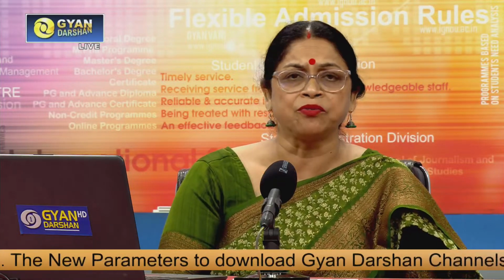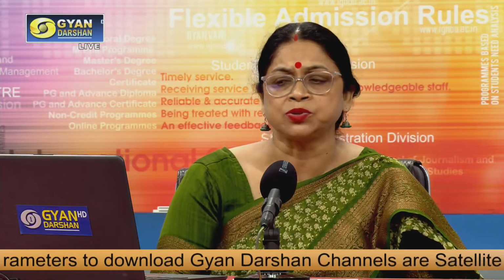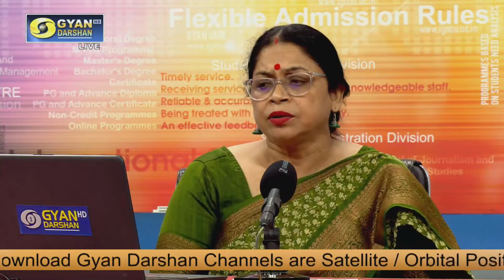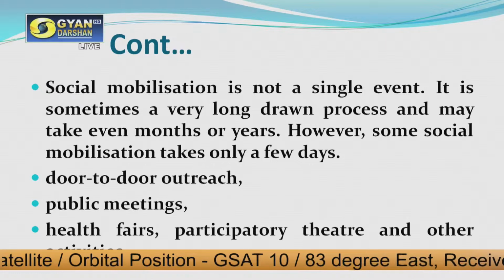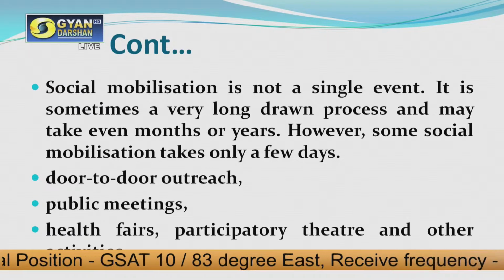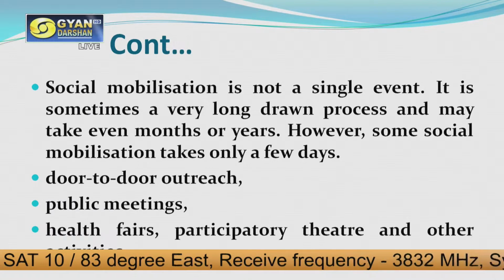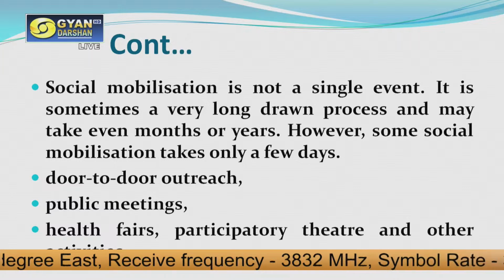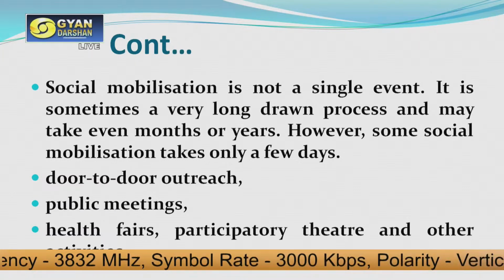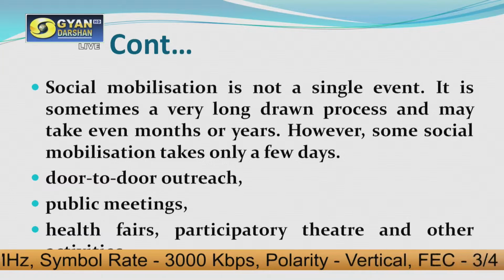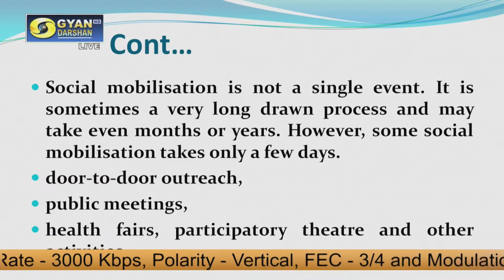So it can involve a long process also. However, some social mobilization takes only a few days. So it depends upon what kind of action you are going to take in the society, and based on those actions, it can be a long process, and sometimes you can achieve your objective in a short duration also. So how are you going to approach the community?